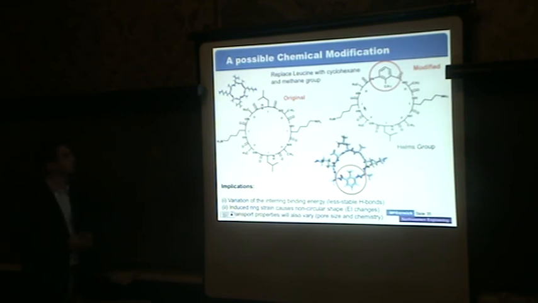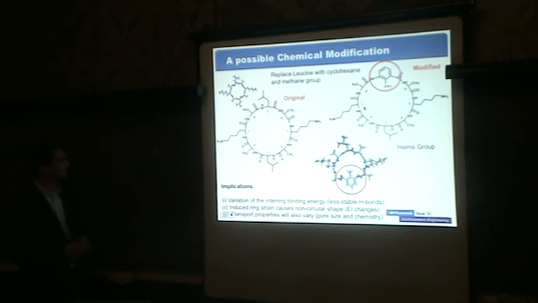One of these is what has been proposed by the Helms group, which is basically you put in a ring-type structure here that has a methane group, a methyl group that points inwards. When you do that, you can change the size of the pore quite significantly, and the shape of the nanotube also changes.